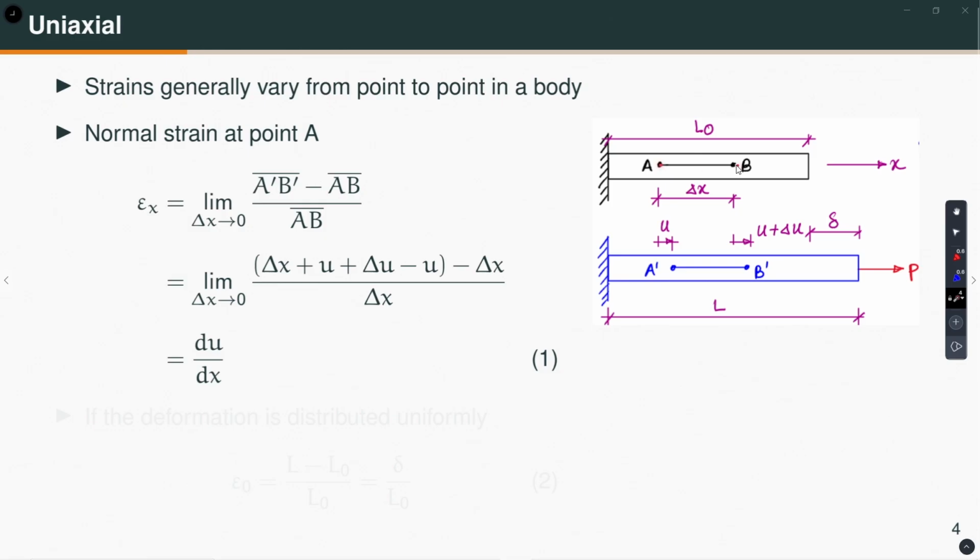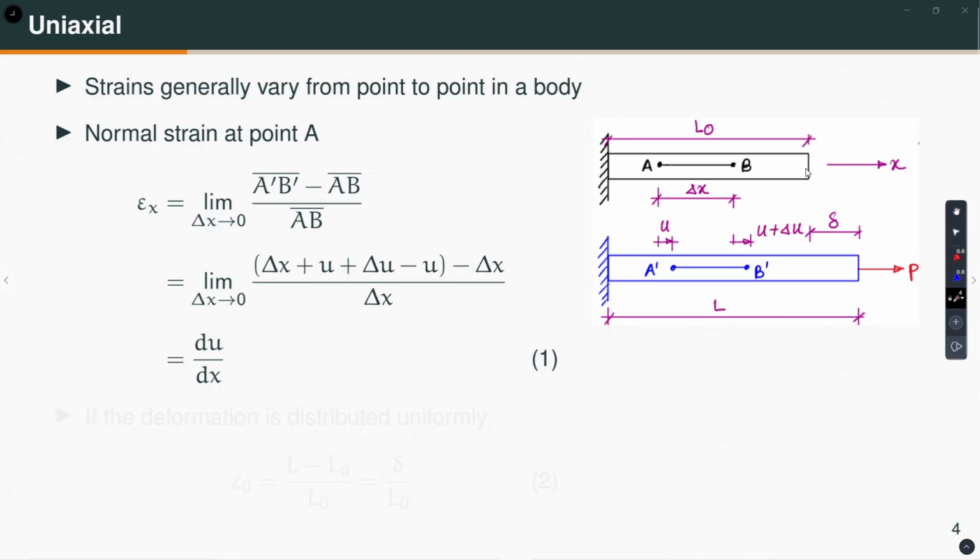So, AB is the length before deformation. After deformation, let us say point A has moved to A prime and B has moved to B prime. The displacement of point A is u. The displacement of point B is u plus delta u.